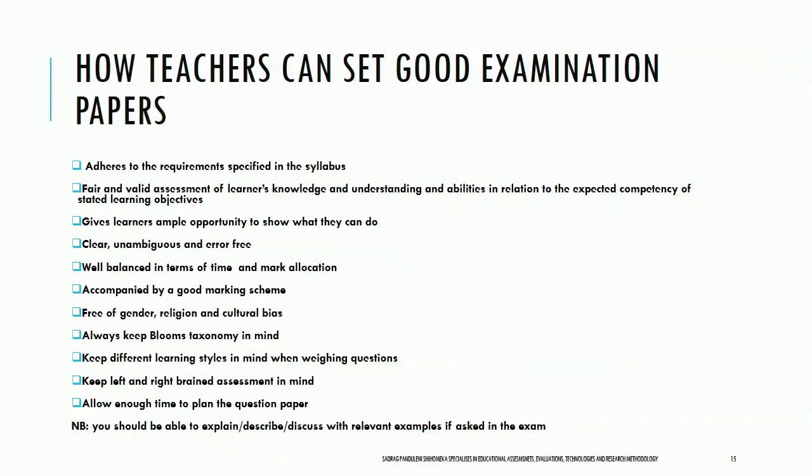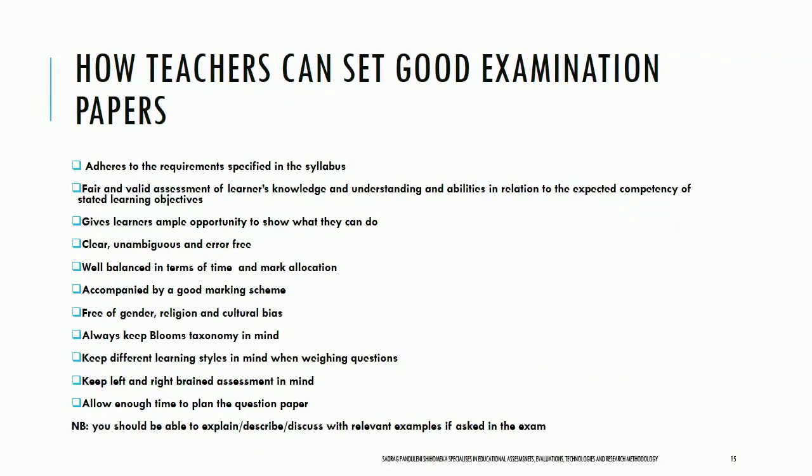Learners' knowledge should be assessed fairly. We should not only concentrate on one side of learners' ability or one side of learners' understanding, but we should fairly spread our assessment activities to ensure that we assess all the learners' knowledge and understanding as well as abilities in relation to what is expected of them in their learning objectives.